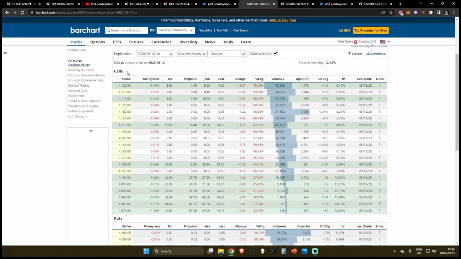What you're basically hoping is for the S&P 500 valuation to rise above 4,200. Let's say you're hoping for it to rise to 5,000, nice round number. You're hoping for the S&P 500 to rise from 4,000 to 5,000, and subsequently you can call for a purchase at the strike price of 4,120, meaning you can purchase the S&P 500 at 4,120 even after it's risen to 5,000.